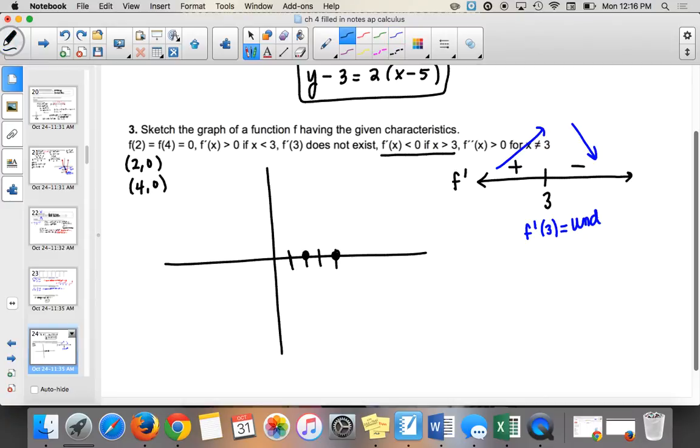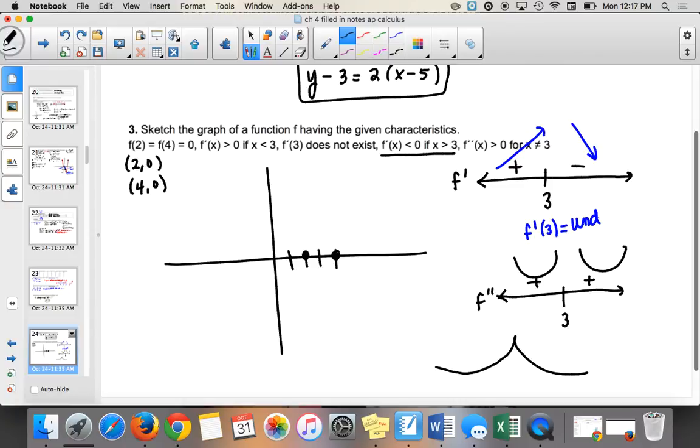And then the next one deals with f double prime, and it says that f double prime is always positive except at 3. We don't know what happens at 3. So it's concave up, and it's concave up. It could be a couple different things here. It could be a cusp, where it goes like this, up, and then up.